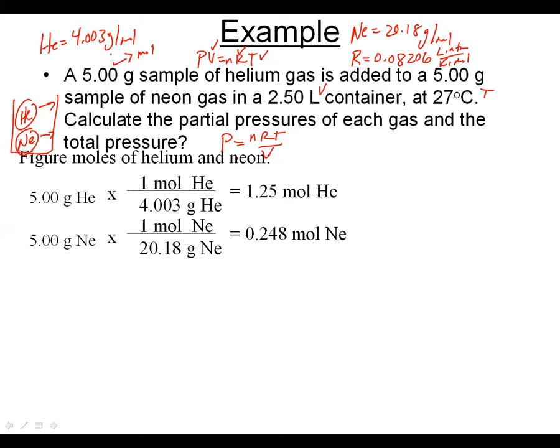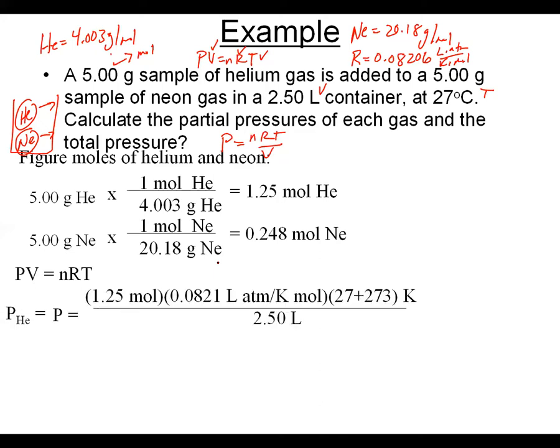So for our first gas, we're going to take all of our numbers in there. This is our n, which we got from above. This is our R. Again, sometimes people use this rounded version of the number. This is our T, which is converted to Kelvin, 300 Kelvin.